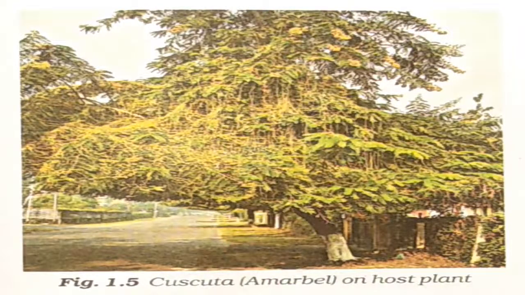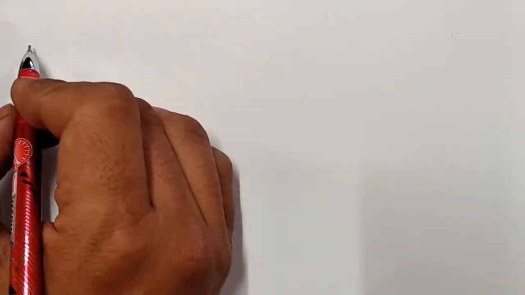So the mode of nutrition that this cuscuta has is a heterotrophic mode of nutrition because it depends on the other plant. Since it deprives the host of valuable nutrients, cuscuta can also be called a parasite. Next, let's see an interesting one.